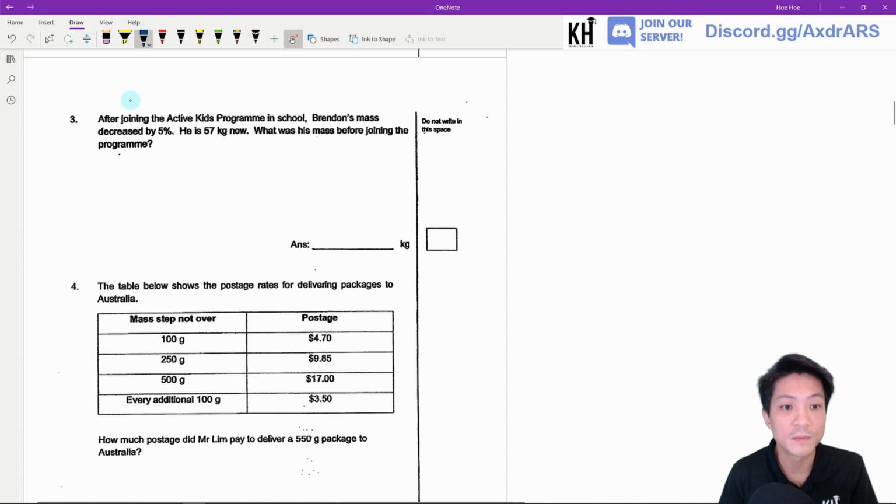Okay, question 3. After joining the Active Kids program in school, Brandon's mass decreased by 5%. He is 57 kg now. What was his mass before joining the program? If his mass decreased by 5%, which means that this is 95%. 95% is equal to 57 kg.